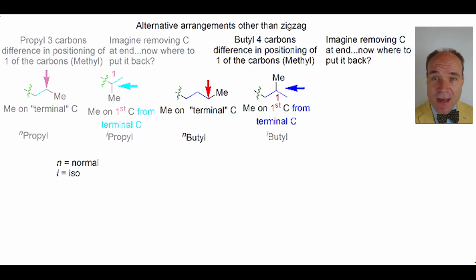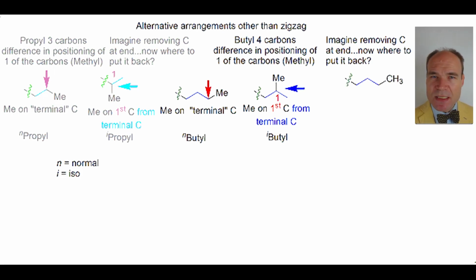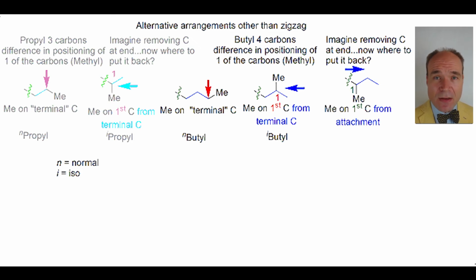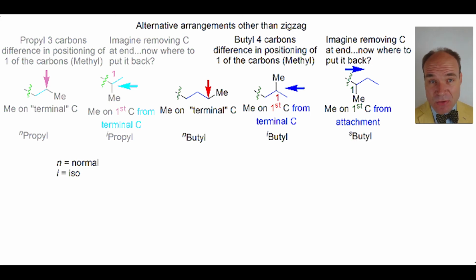This will be I for iso, Bu, or butyl. The last possibility here would be to place the carbon on the carbon one carbon in from the attachment location. This is called SBU, or sec butyl, with sec standing for secondary.